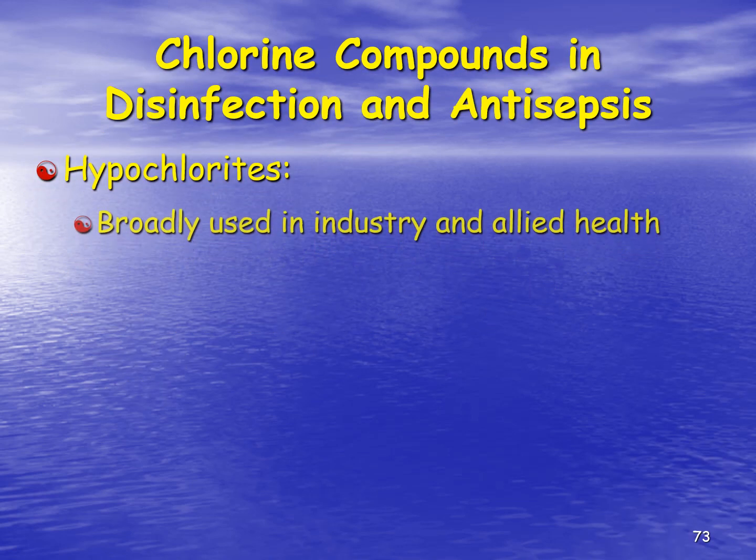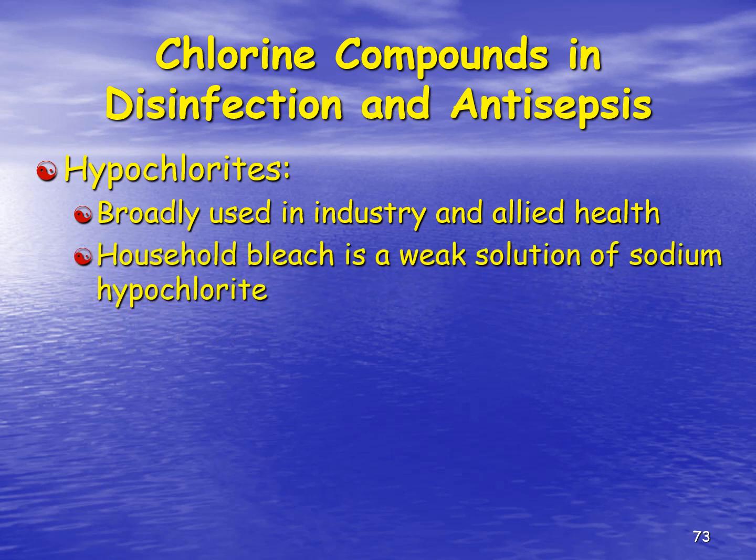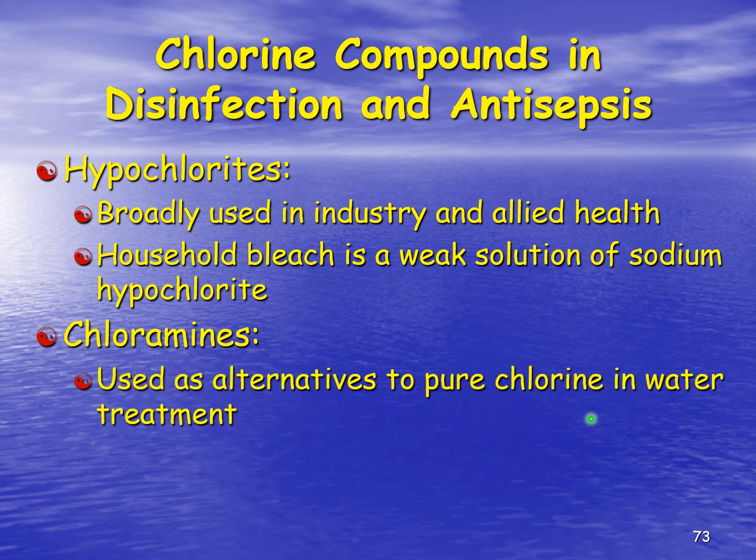The hypochlorites are broadly used in industry and allied health, as household bleach is a weak solution of actually sodium hypochlorite. So even what you buy is not full strength bleach. The chloramines are used as alternatives to pure chlorine, especially in water treatment.